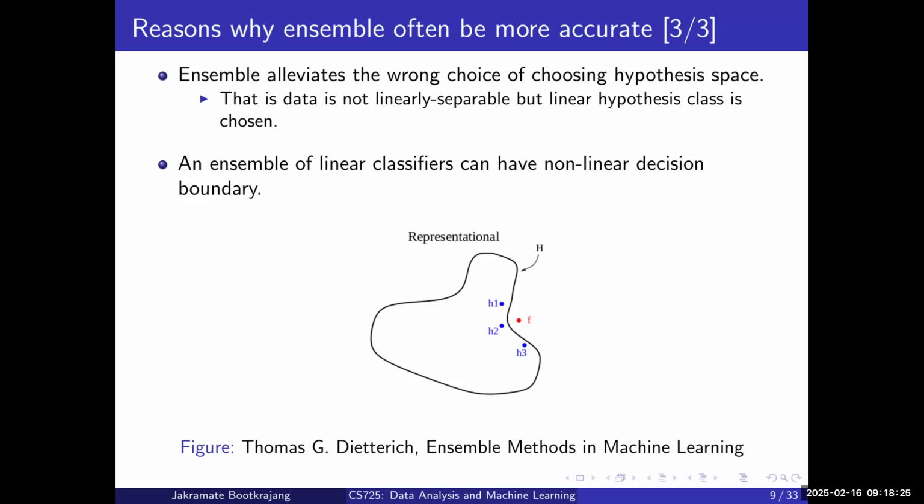If it's not, then we will use a non-linear one. But for ensemble methods, the base model, the member of the ensemble, doesn't have to be non-linear. All of them can be linear, but when you combine them, it can form a non-linear surface. So the ensemble of linear classifiers can have a non-linear decision boundary.